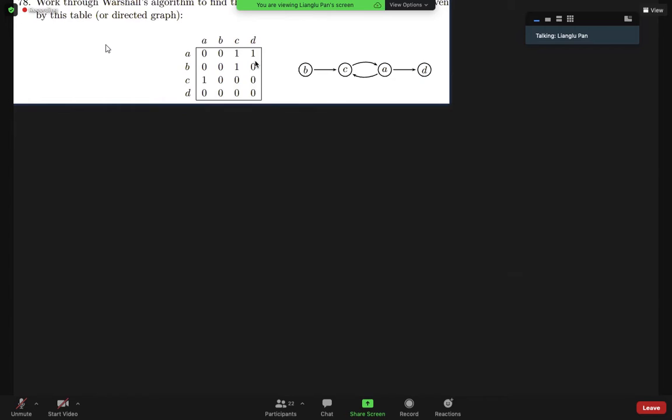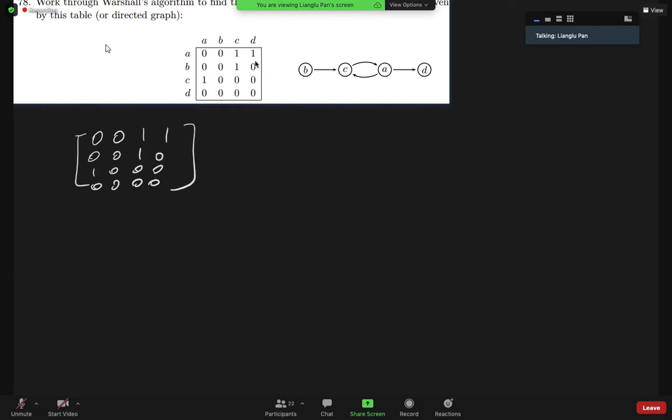So how does the Warshall algorithm work? We have the original graph. Let me quickly copy and paste this matrix here: 0, 0, 1, 1, 0, 0, 1, 0, 1, 0, 0, 0, 0, 0, 0, 0. So this is the original adjacency matrix of the graph.